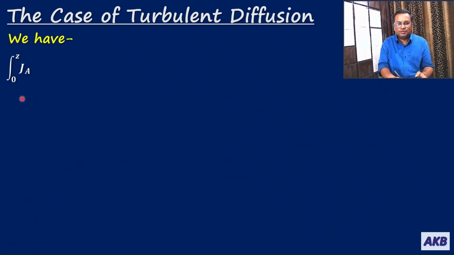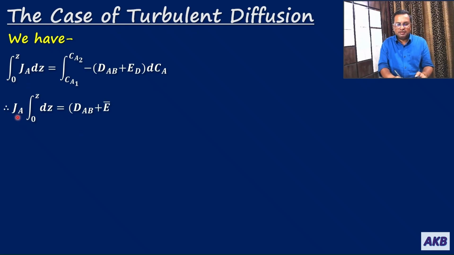So we have this equation, integration from 0 to Z, JA into dZ, equal to integration from CA1 to CA2 of minus (DAB plus ED) into dCA. JA is constant, it will come out of the integral. So JA into integration from 0 to Z of dZ is equal to (DAB plus ED bar), and this negative sign I will make positive by interchanging the limits.